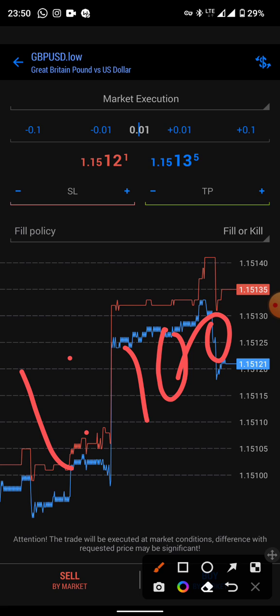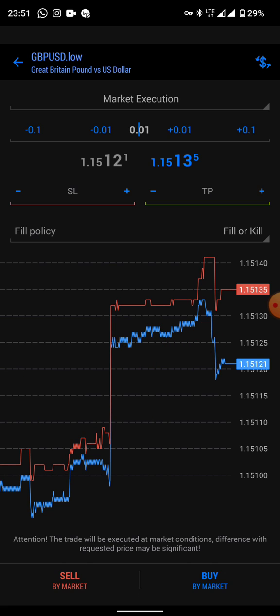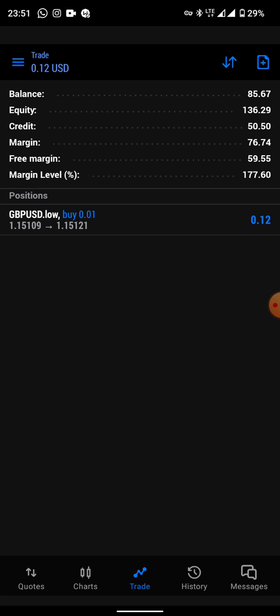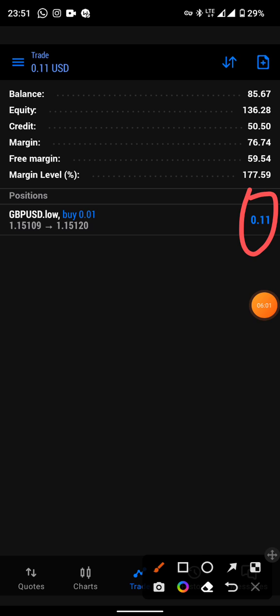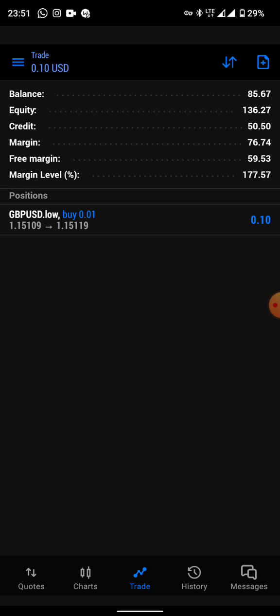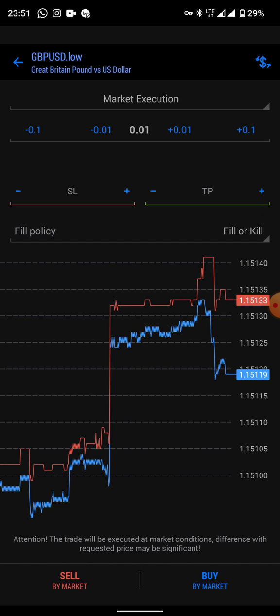Now this is why. This is a nano account because each of my pip movement is going to be in cents, like I showed you on this. Most of the market movement here is going to be in cents. If you notice how they move, you know what I'm talking about. Now this account is set on the leverage of 1:15, like I told you.